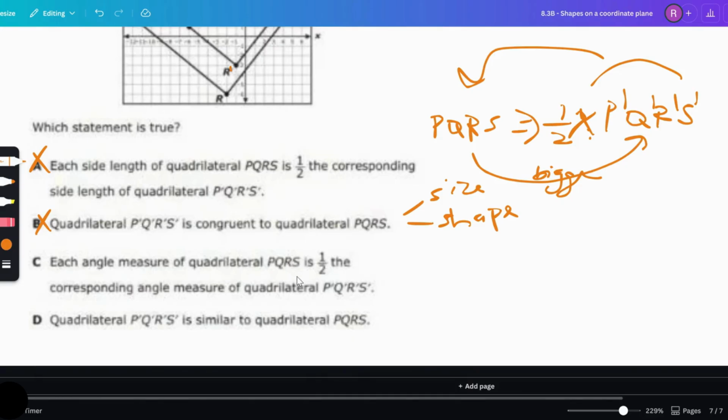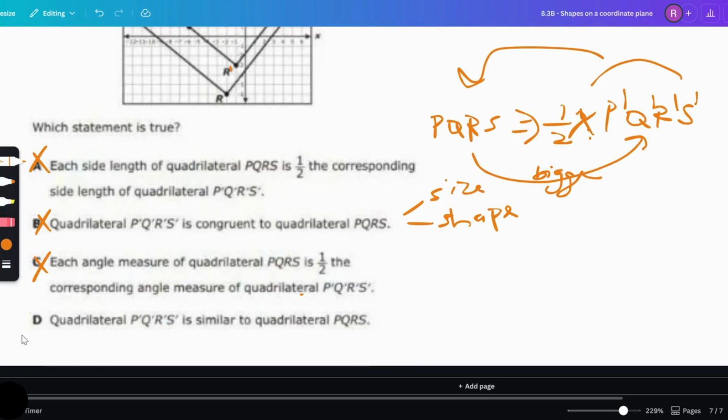each angle measure of quadrilateral PQRS, PQRS is the bigger one, is half the corresponding angle measure of quadrilateral P prime Q prime R prime S prime.